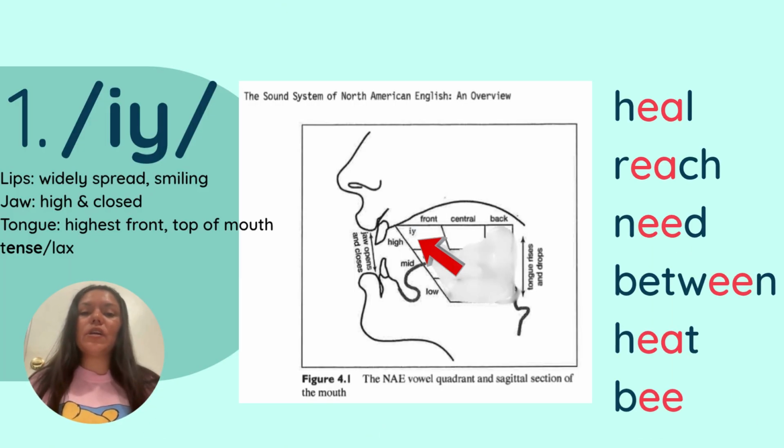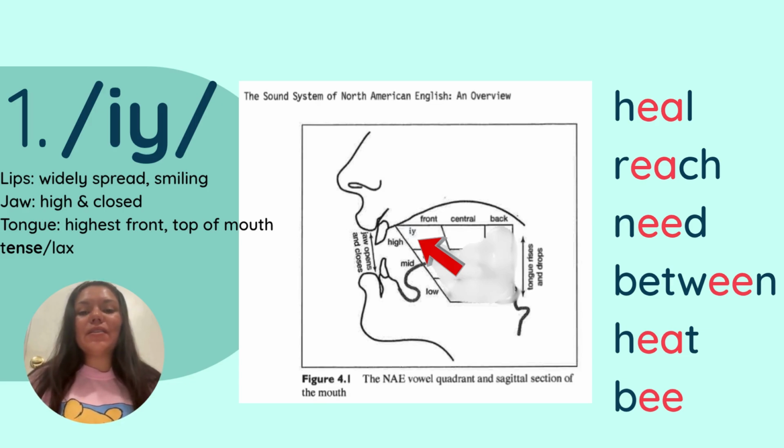So our first English vowel phoneme is E. When we pronounce E, our lips are widely spread, our jaw is high and closed, and the tongue is at the highest front top of the mouth.